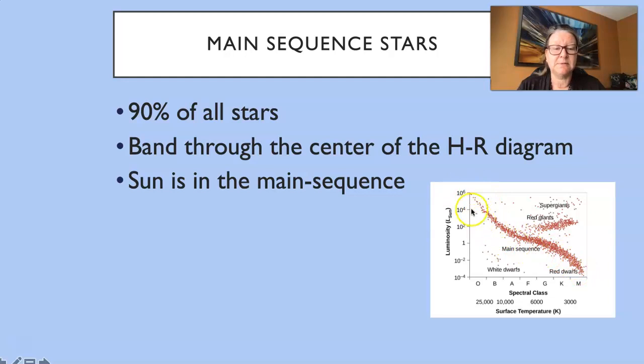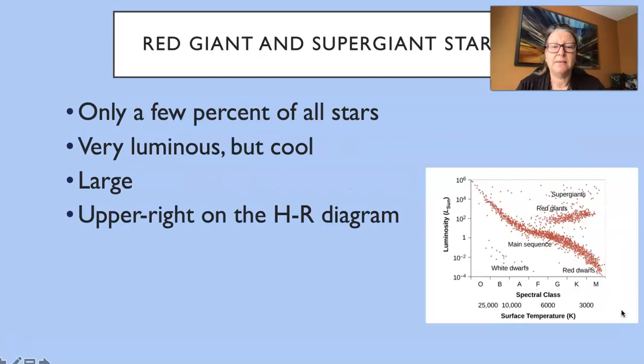So this to me seems like the most logical way you would expect to see stars fall in this diagram. Then there are the red giants and the supergiants, which are in the upper right part of the diagram. There's only a few percent of stars that fall into this category, and they're very bright, but they're very cool. So they're a little odd in that way. Bright but cool, and they're very big.